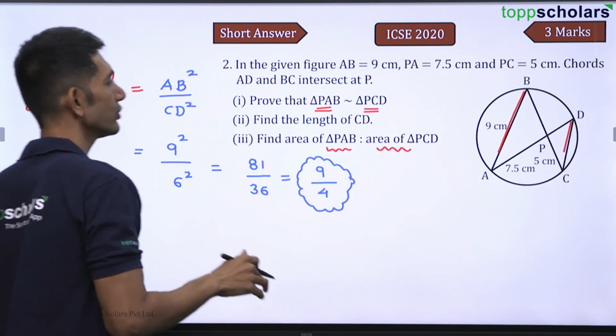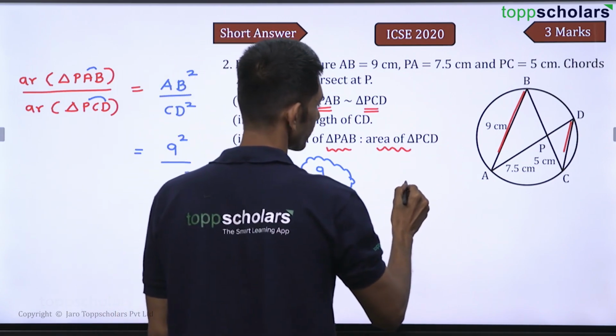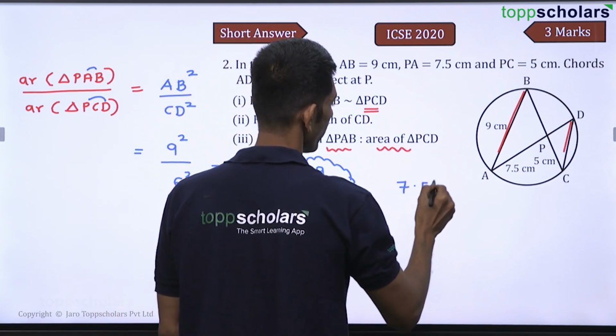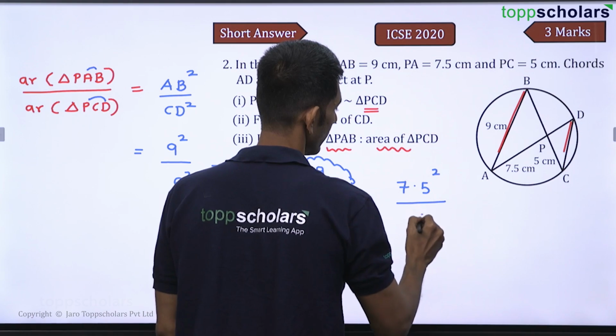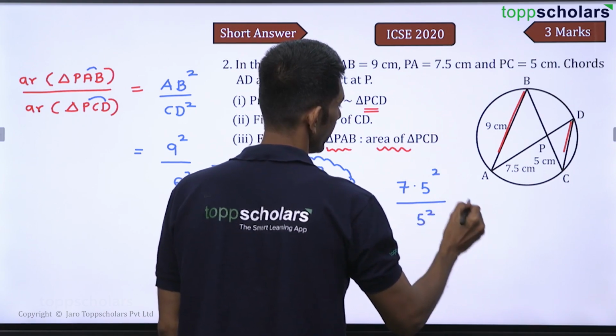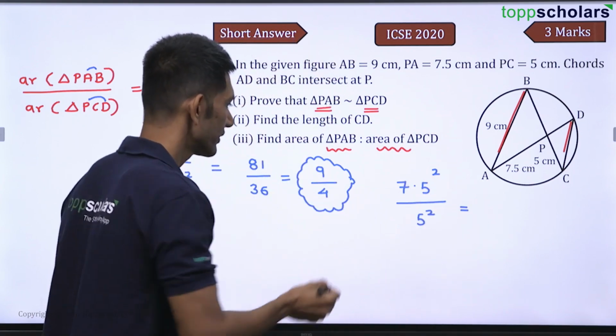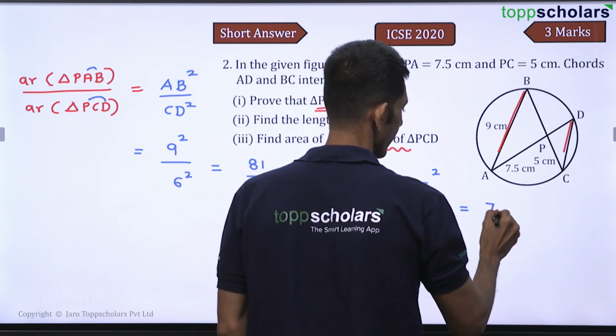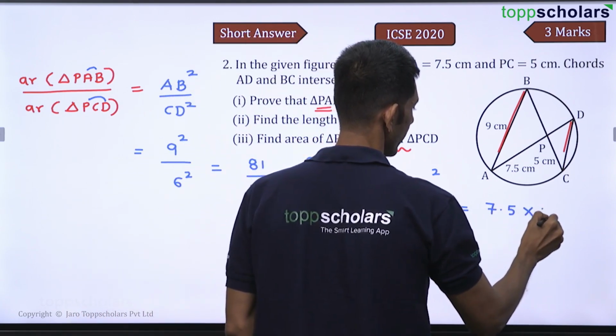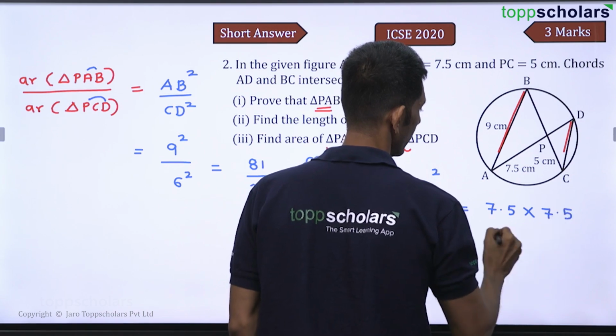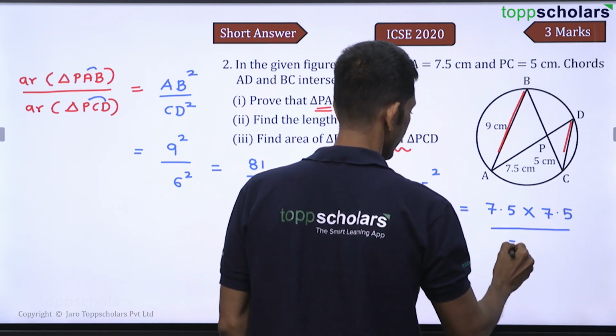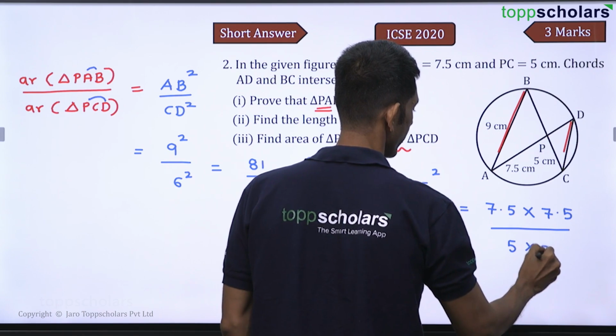You can also take the ratio of the other two sides, that is 7.5 square by 5 square, correct? So this is as good as 7.5 into 7.5 by 5 into 5, right?